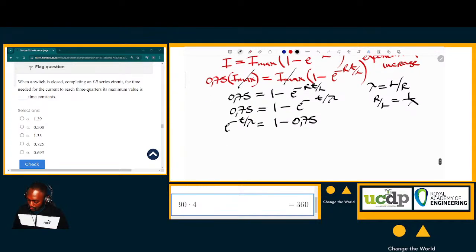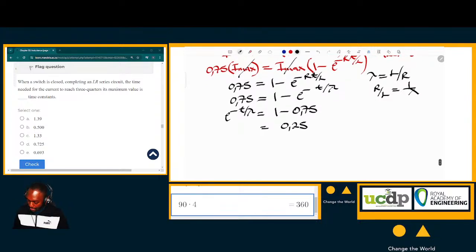So this would be 0.25, that's e to the negative t over the time constant.